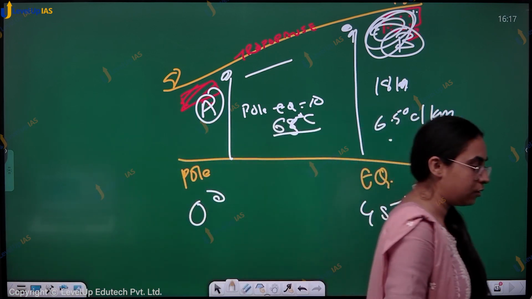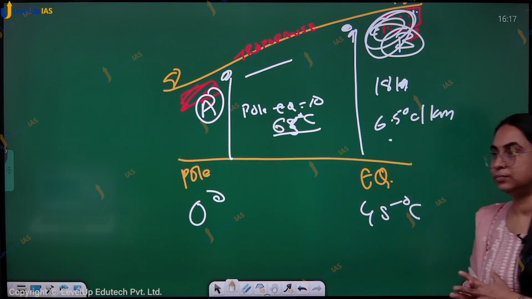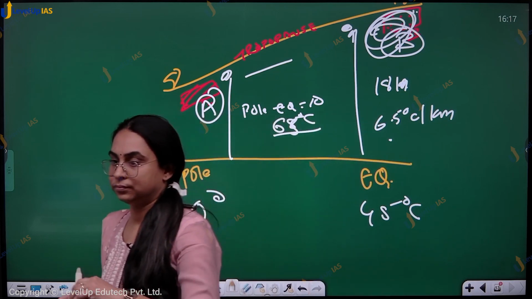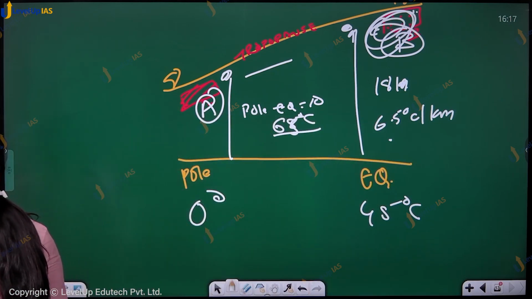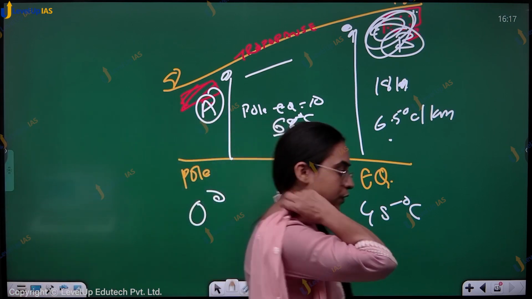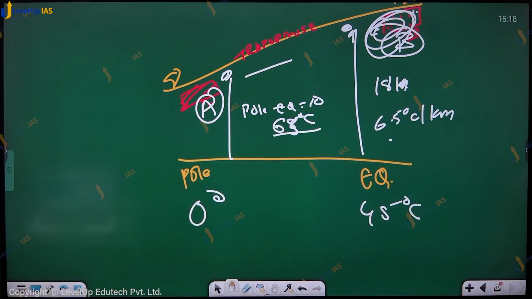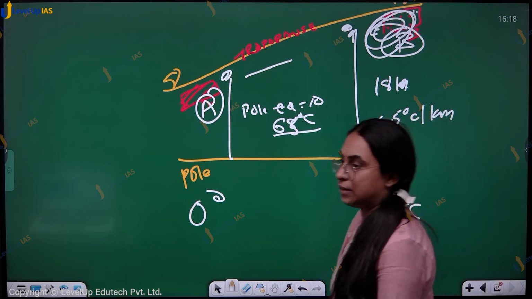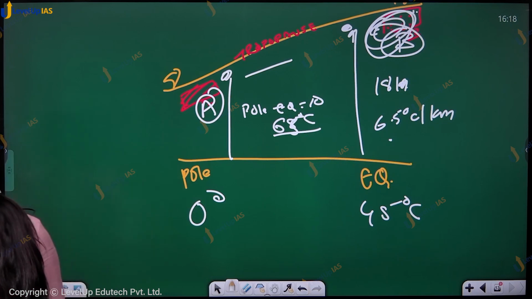The troposphere experiences a fall in temperature with the increase in height.